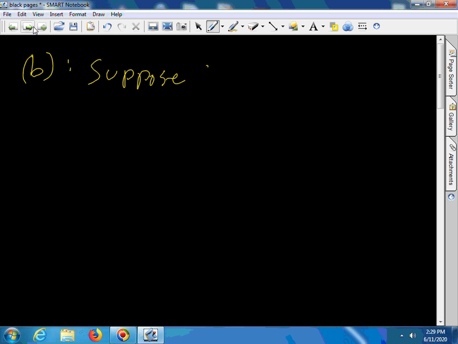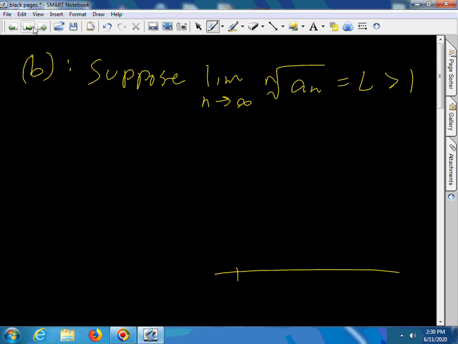Suppose the limit as n goes to infinity of the nth root of a sub n is equal to L, which is bigger than 1. So basically we have 1, we have L, and I'm going to pick my R in between.